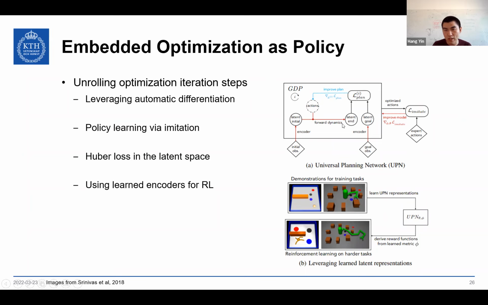But they do show that if you train a policy with imitation learning, you can reuse the internal cost function for reinforcement learning, and that gives you some efficiency gain as well. So that's a continuation of these ideas, and you can see that it indeed makes sense to consider a policy like this.